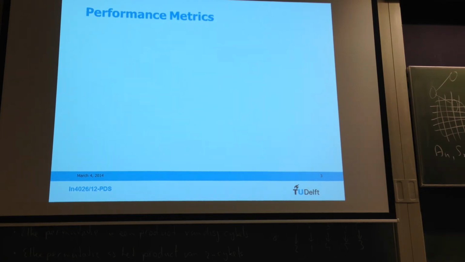But if we're going to talk about performance, we need performance metrics. Of course, the starting point is the serial execution time. That is the time the program takes if I run it on one machine where we start it. And the counterpart is the parallel execution time.